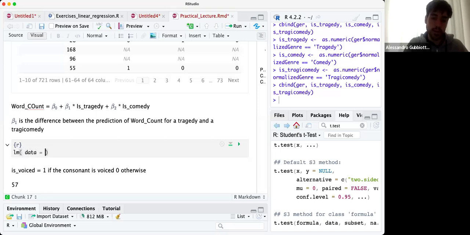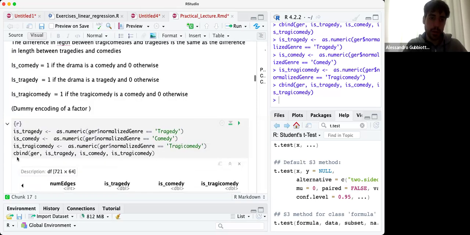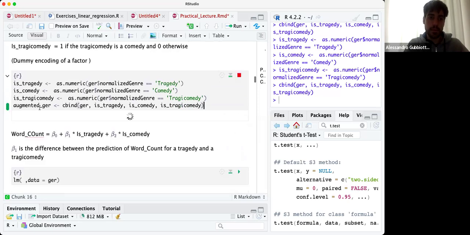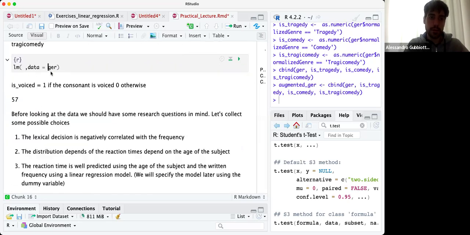So the data is equal to our augmented German corpus, and we can do this linear regression.